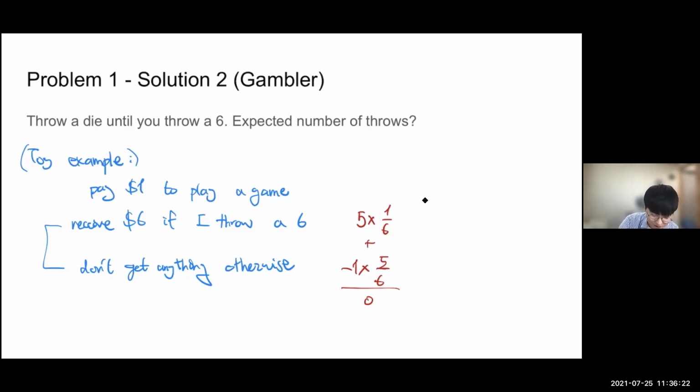Maybe this is a bit counterintuitive, but if you use this fact, then we could see that the expected number of throws is exactly 6, just as follows. So I always pay $1 to play a game, and let's say that I play this game until I throw a 6.